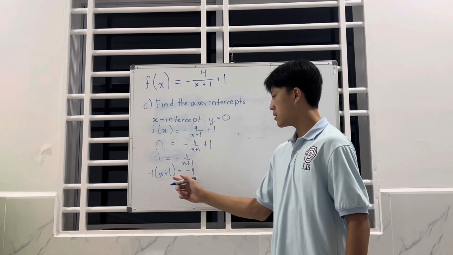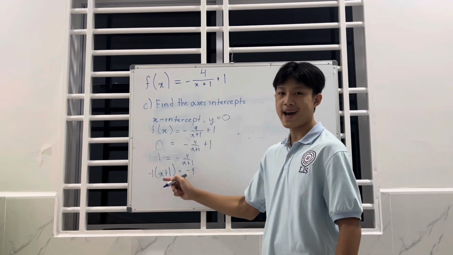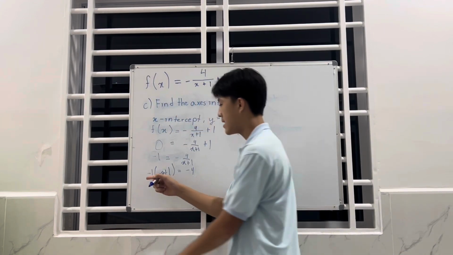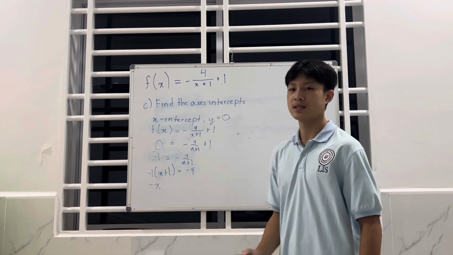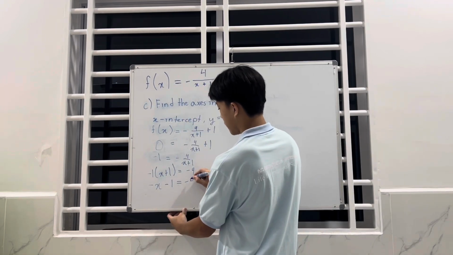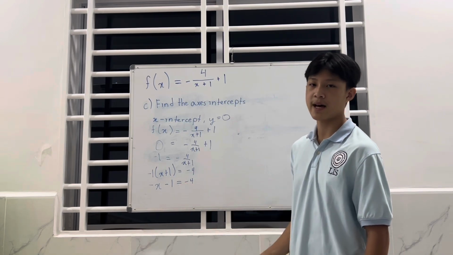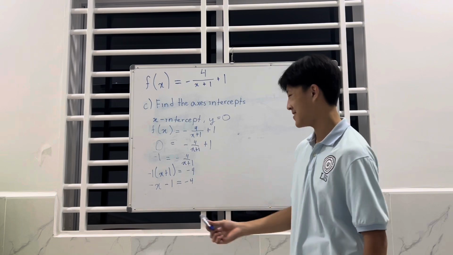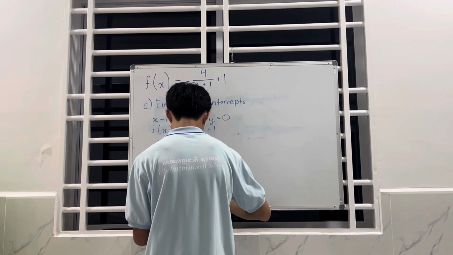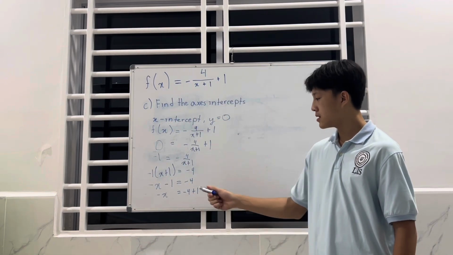And then here, you need to expand it. So -1 times x is -x. -1 times 1 is -1. Equals -4. So now we've got to bring 1 to the other side and leave x on the left side. Just like this. And after this, simplify it.